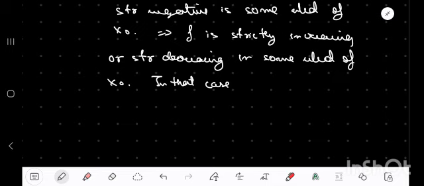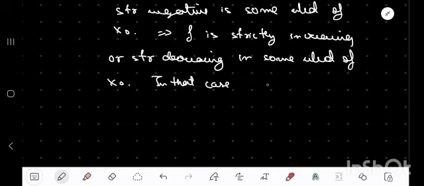Hence f must be strictly increasing or strictly decreasing in some sufficiently small neighborhood of x naught, so it's injective in that neighborhood. We can make this neighborhood smaller and smaller to adjust it so that the function becomes surjective as well.